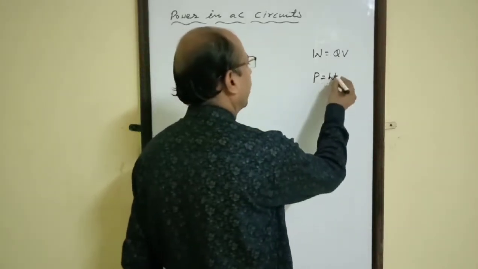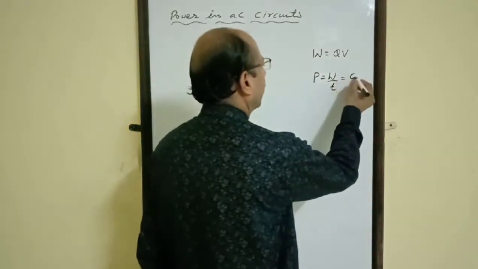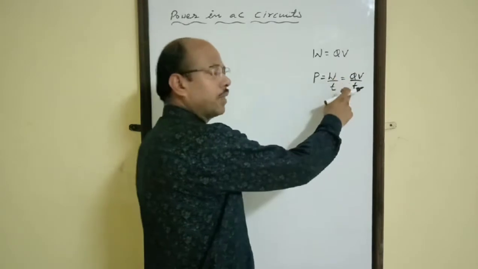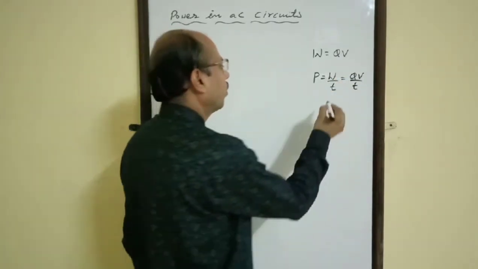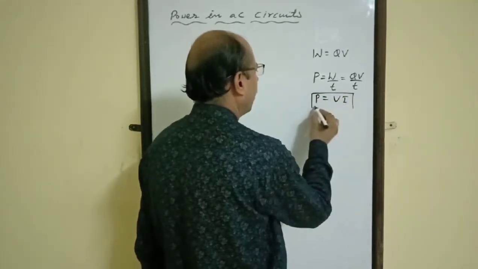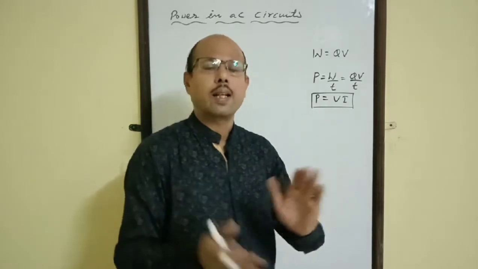Therefore, it can be written as W by t, and therefore, we can also write QV by t. And since Q by t is I, power can be written as P equals VI. I think this formula you all have used in the chapter current electricity.